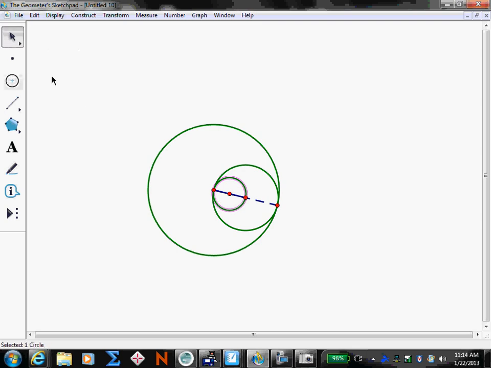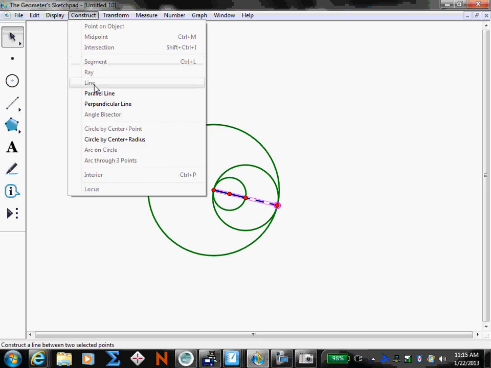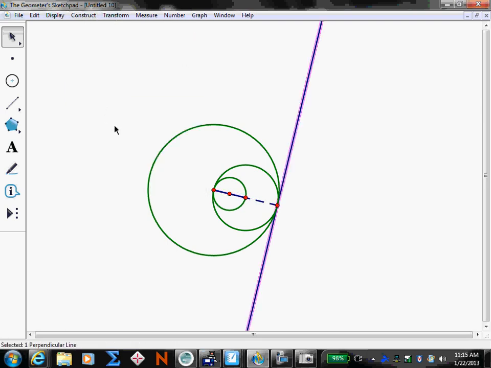In order to make them externally tangent, I need a perpendicular line here. Once I get the perpendicular line, then I can make externally tangent circles. So I'm going to highlight my line segment there and highlight this point, and I'm going to say construct a perpendicular, but then I also want to extend this segment. So I'm going to hit this here and go construct.